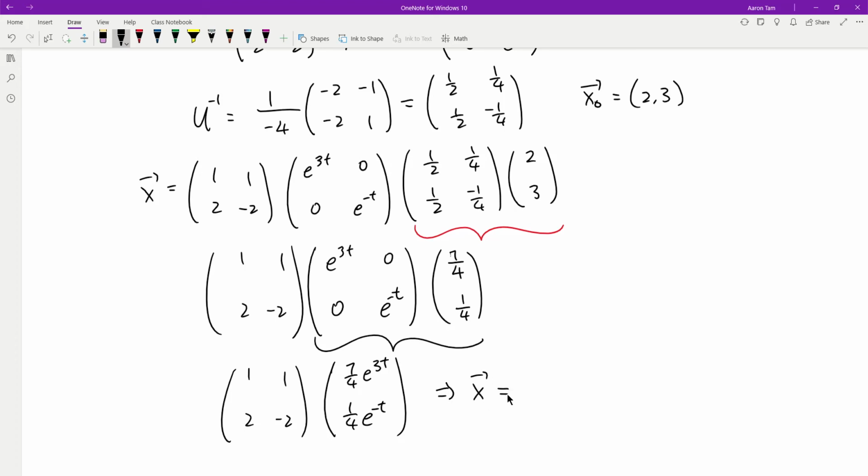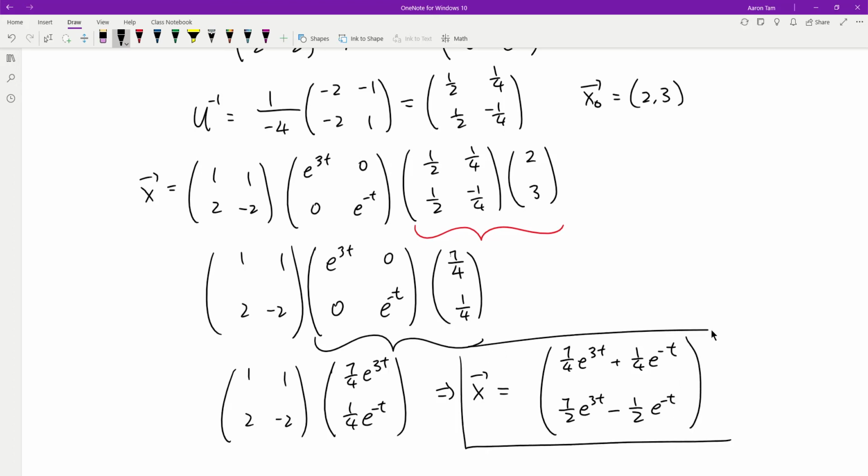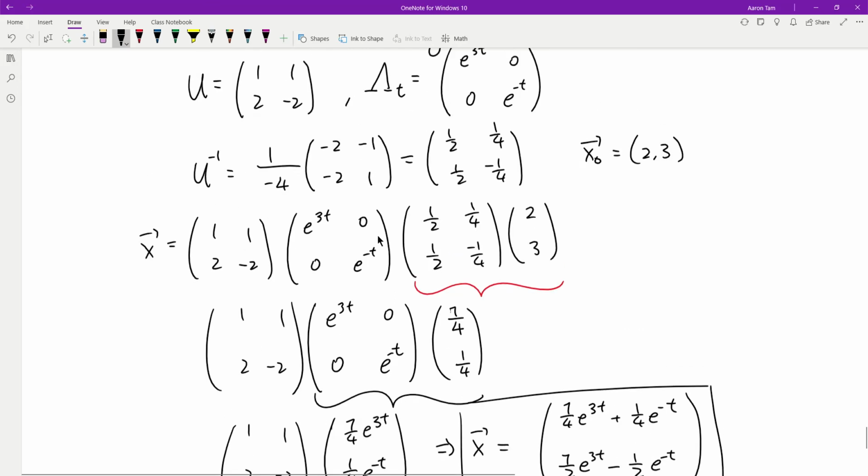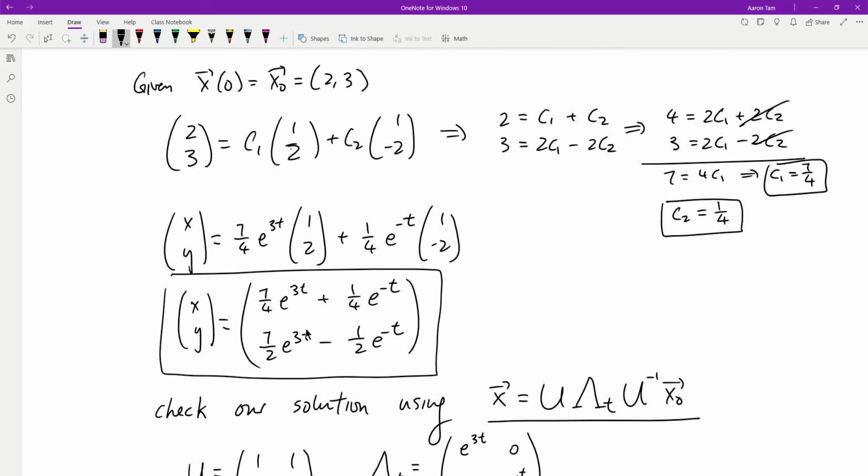Vector x is equal to 7 over 4 e to 3t plus 1/4 e to the -t. And then 2 times 7/4 e to 3t, which is 7 over 2 e to 3t. And -2 times 1/4 is -1/2 e to -t. Notice that is the exact same answer as what we have right here.